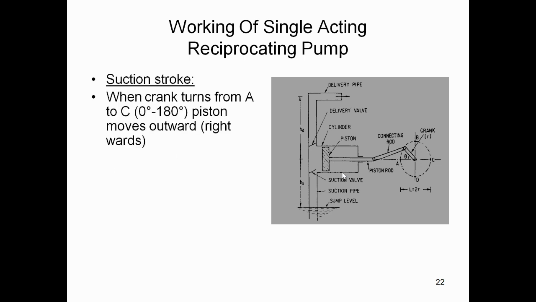Okay. Next we can see the suction stroke. So when the crank turns in clockwise direction from A to C, that is 0 to 180 degrees, the piston moves outward.